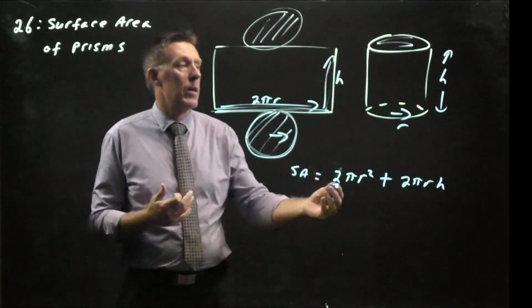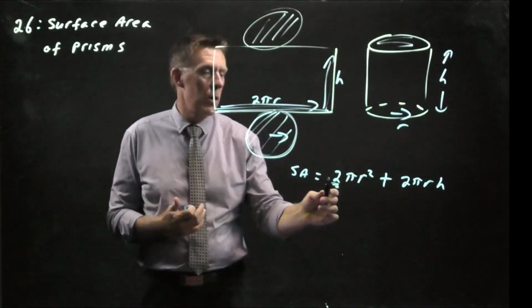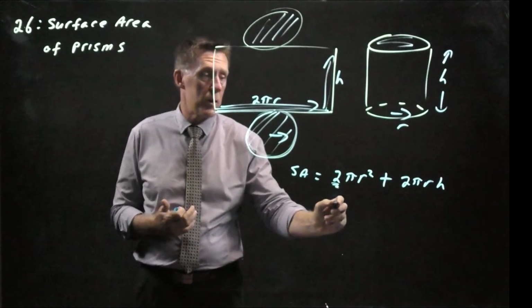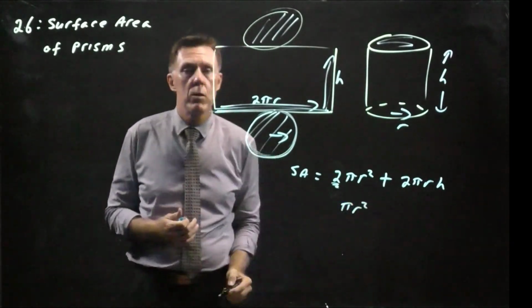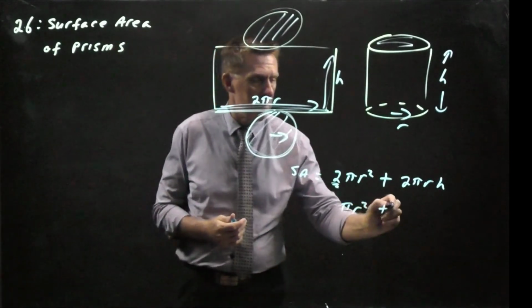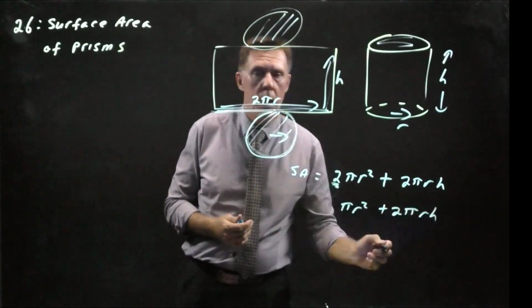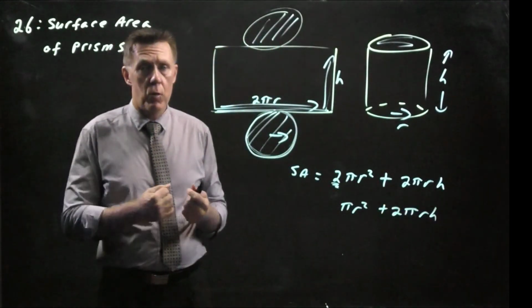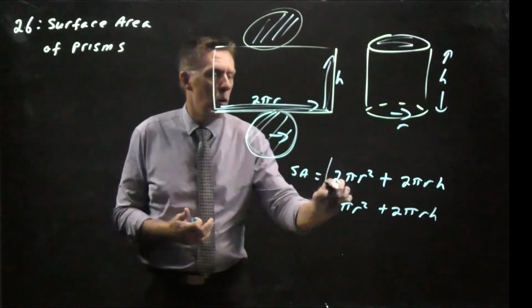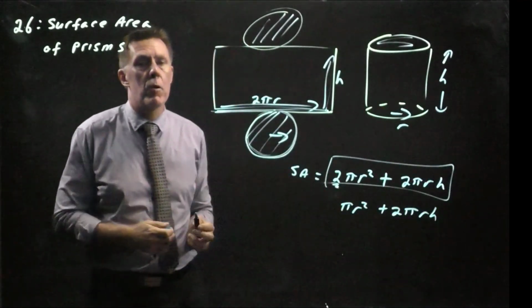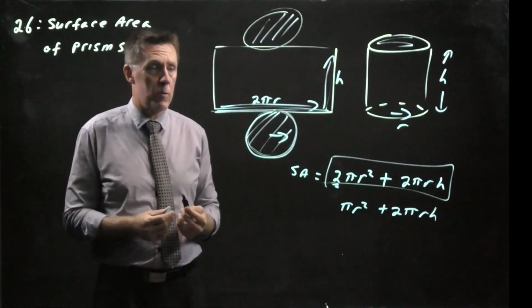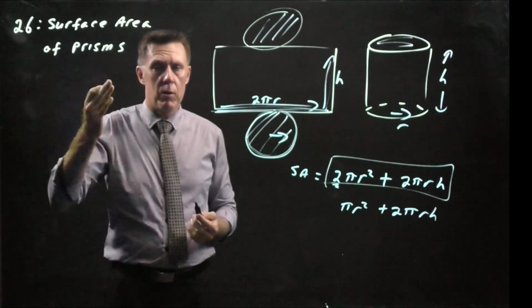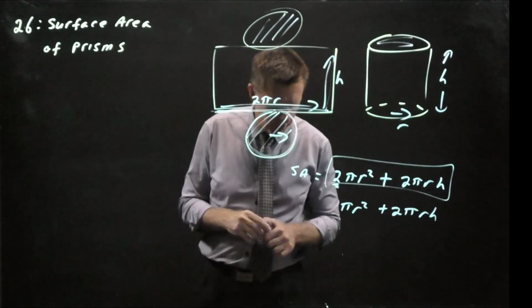If the question makes it clear that one of the circles is not involved, instead of 2 pi r squared, you are going to have to modify it to 1 lot of pi r squared. There's lots of other modifications that the question could imply, but we always start with that and then modify it depending on what the question asks for. And so that'll give you some practice on those style of questions.